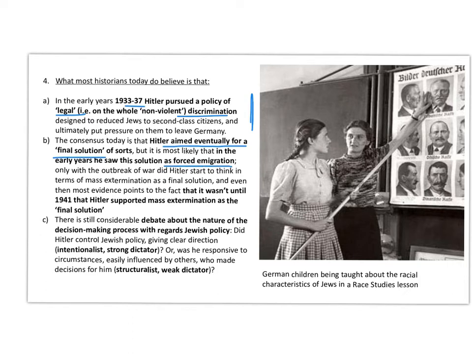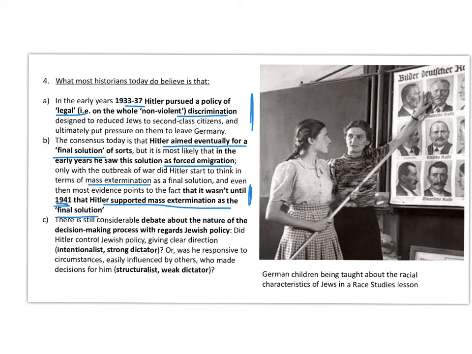Okay, it doesn't necessarily mean the mass extermination that eventually happened. And most historians today, not all, would argue that it wasn't really until 1941, the third year of World War II, that we actually see Hitler's head finally shift towards the final solution, as it turned out, which was to mass murder the Jews of Europe.